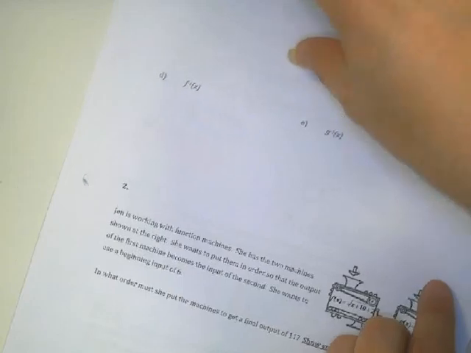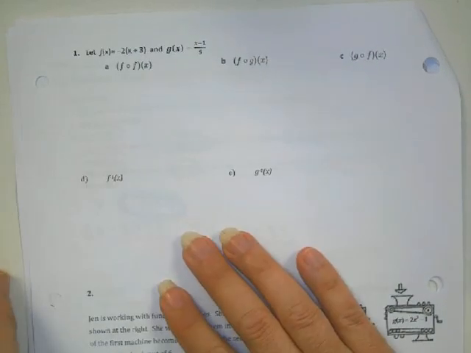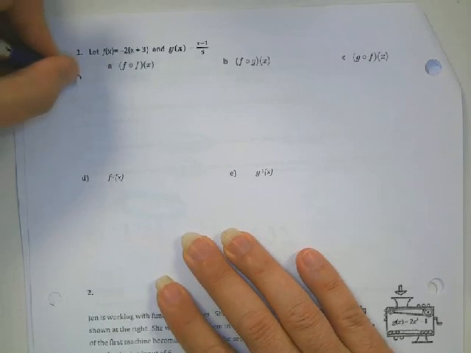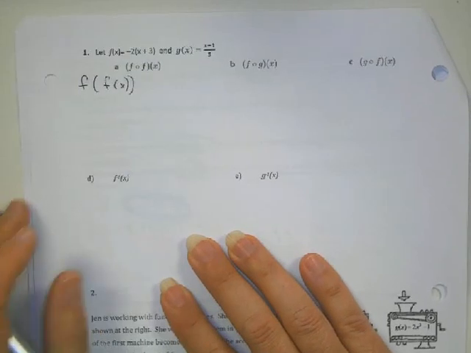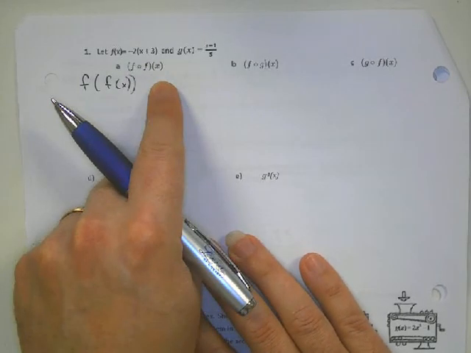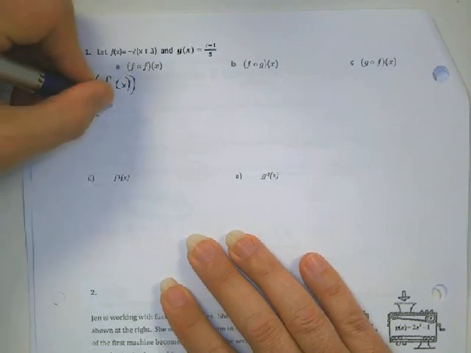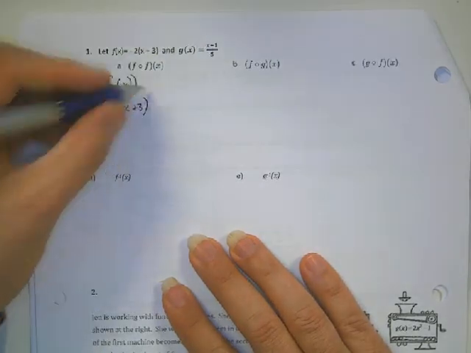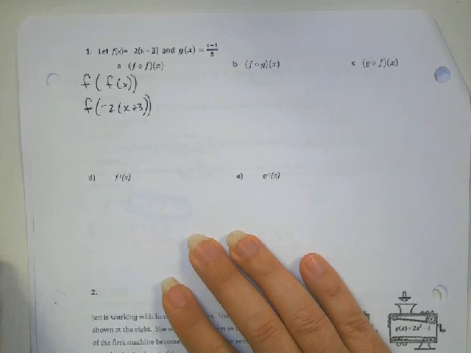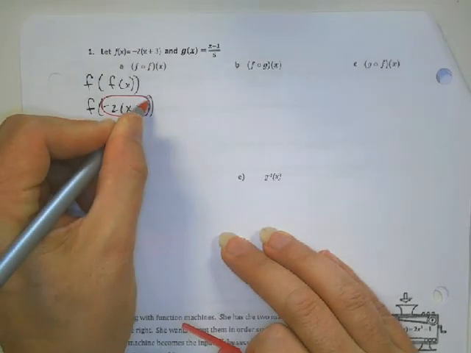Last page. Okay. So we're trying to find f of x. Okay, so we know f of x is negative 2 parentheses x plus 3, right? And now I'm going to take this and plug it into here.